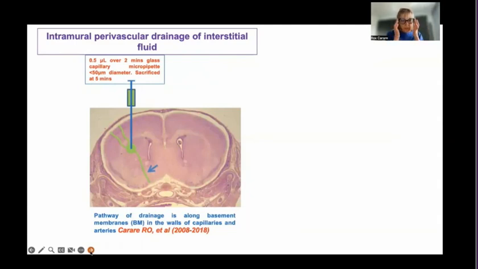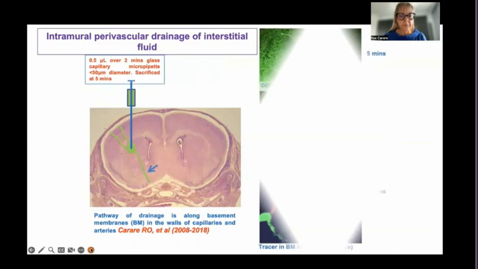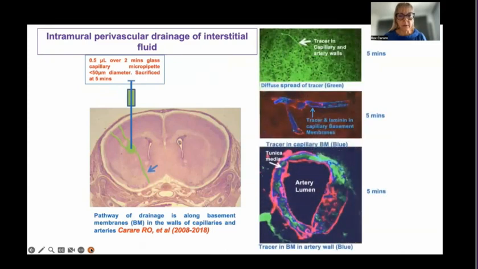So in order to better understand the complexity of the drainage of soluble amyloid beta and fluid from the brain, we have injected carefully, and we have perfected this method of injecting tracers, in the deep gray matter of experimental laboratory mice.